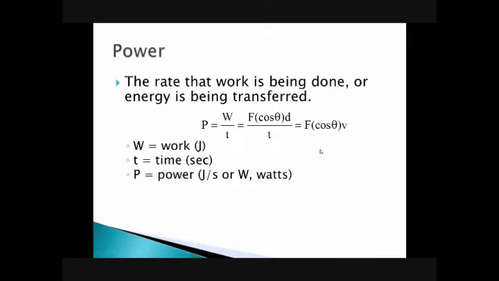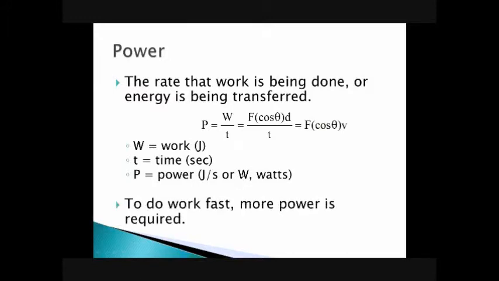Power is in joules per second, or the unit that we use is watts, capital W, named after James Watt, I believe. Basically, what this is telling us is that if we want to do work fast, more power is required. And vice versa is true. If we have a lot of power, we are going to do the work quickly. The more power, the faster we do the work.